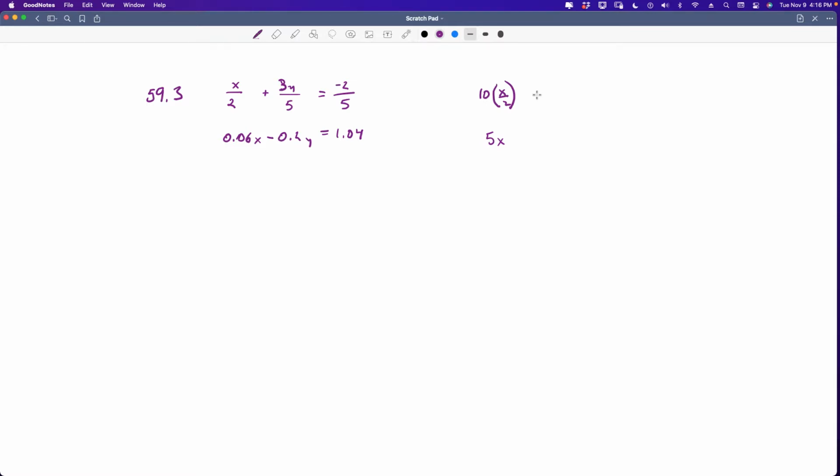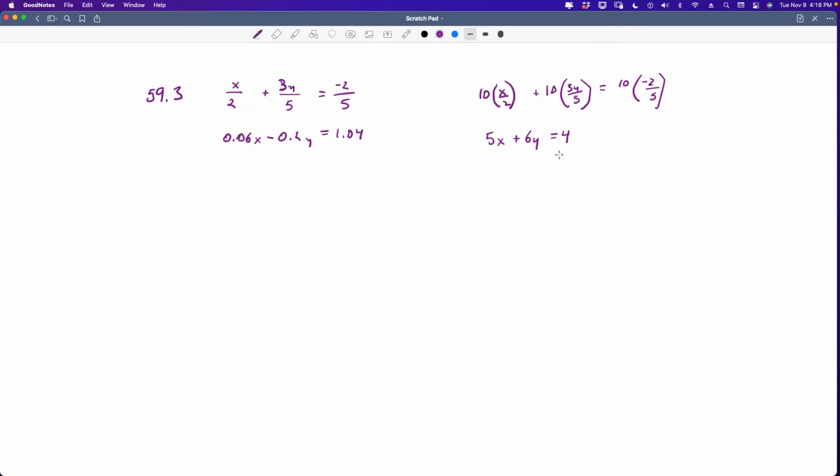Now if I do the same thing to 3y over 5, the 5 cancels, so this is 2 times 3y, so it becomes plus 6y. If I do the same to the final term, 10 times negative 2 over 5, the 5 cancels and this becomes negative 4.